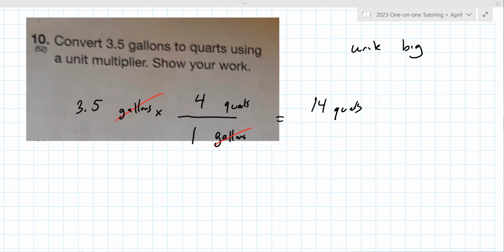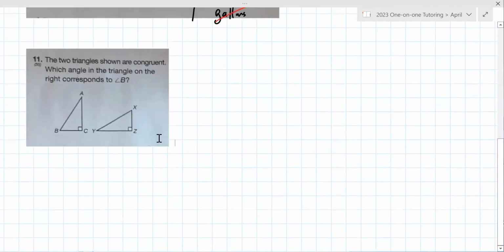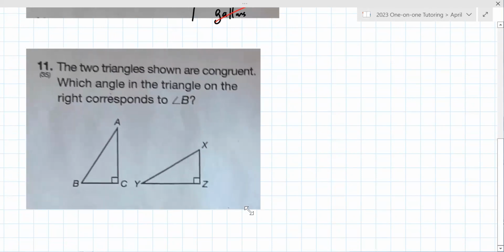All right, let's go to number 11 here. The two triangles are congruent. Which angle on the triangle on the right corresponds to angle B? So this is kind of like an orientation thing.